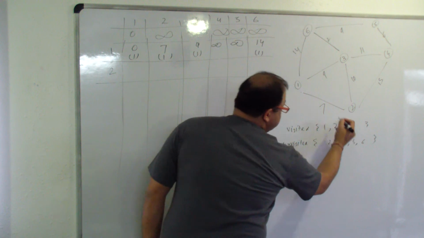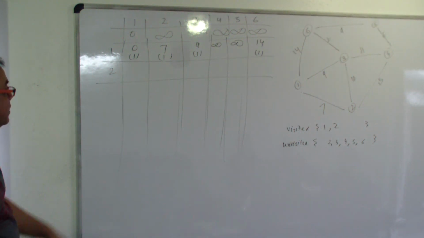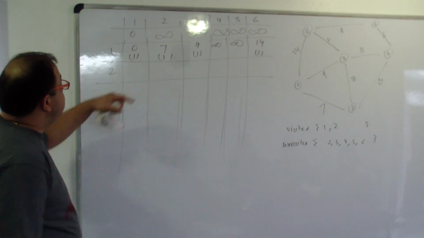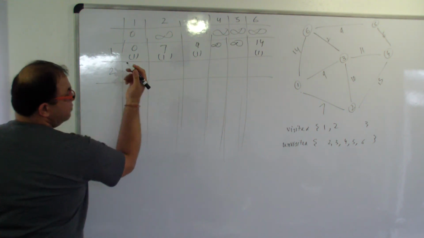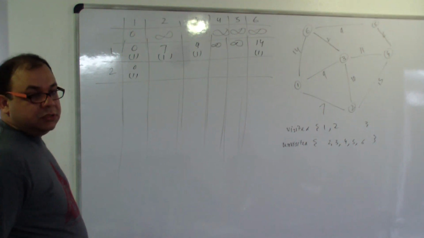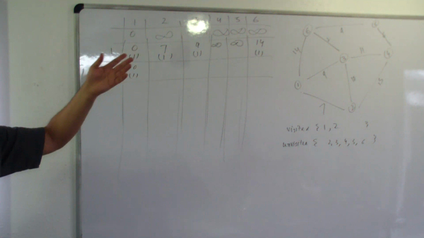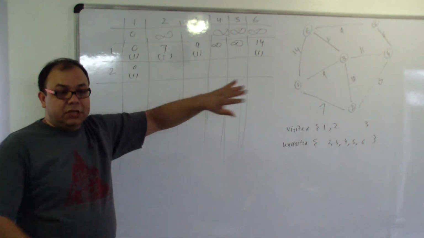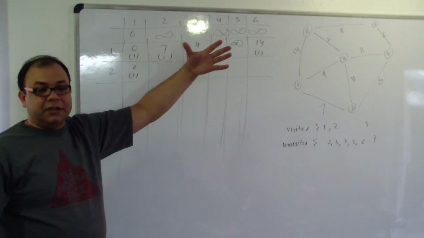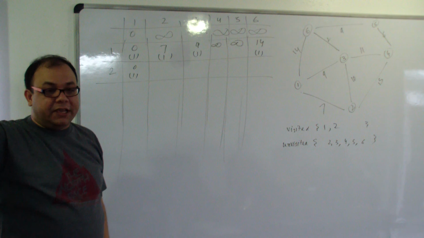We'll take 2 in the visited column and then we will start with 2. So this is already 0. As we are trying to find the smallest path, from where to where? This is the entire graph. And after that, in Dijkstra's algorithm, you actually create the entire thing because you have to do a backtracking part.